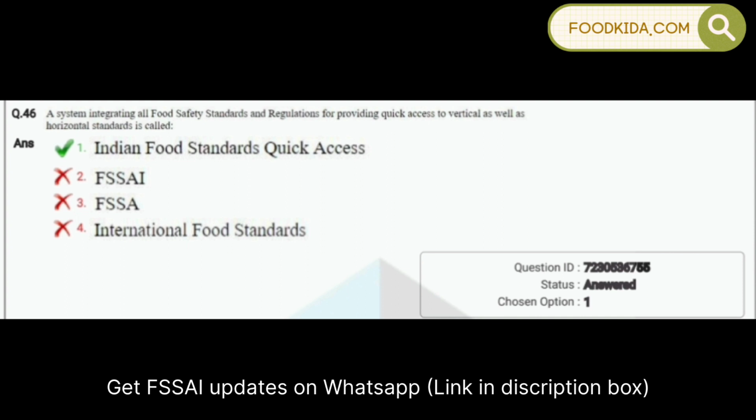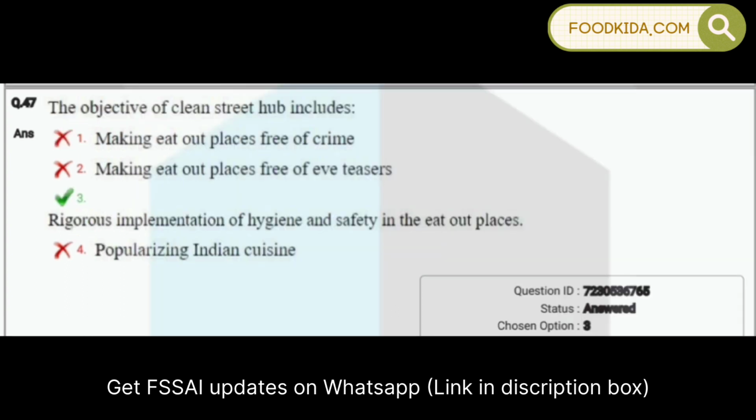Any system integrating all food safety standards and regulation for providing quick access to vertical as well as horizontal standard is called Indian Food Standard Quick Access. The objective of Clean Street Hub includes rigorous implementation of hygiene and safety in the eat out places.